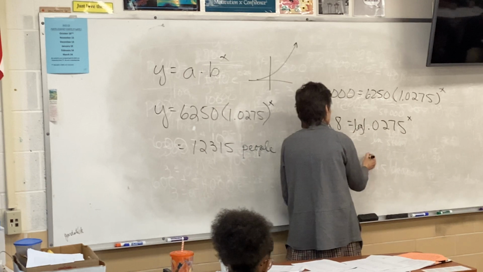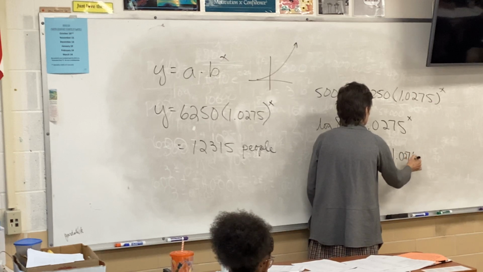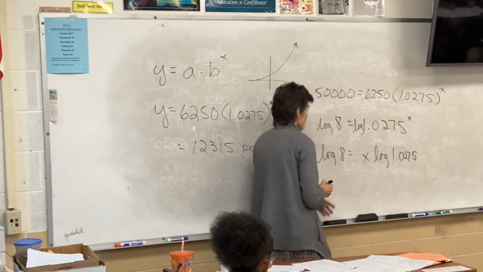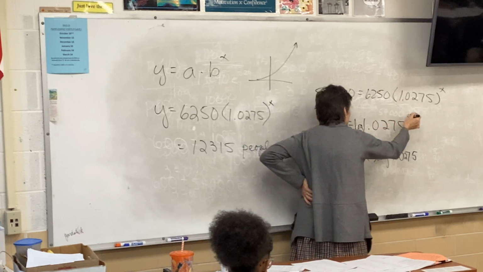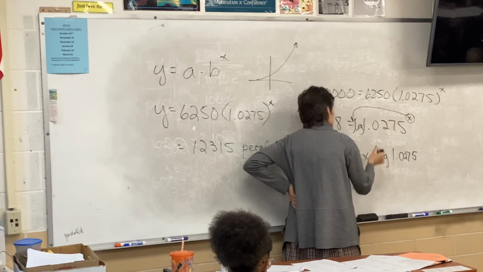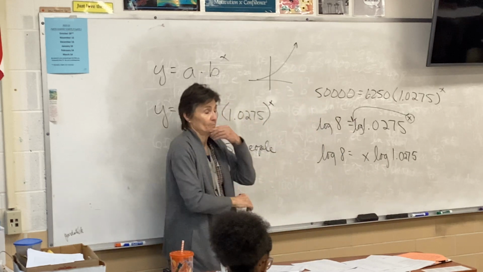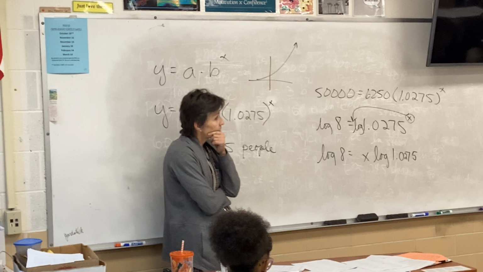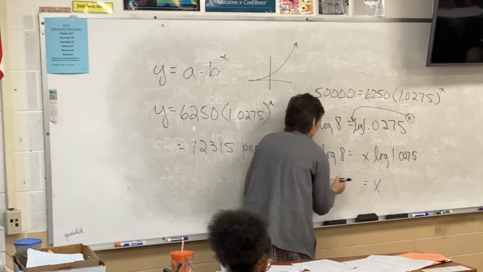Nothing cancels, but the exponent comes out in front. When you take the logarithm of something to a power, the power becomes a coefficient. That's what makes the problem doable. It's not doable when it's an exponent, but it's not an exponent anymore. So now I can divide.